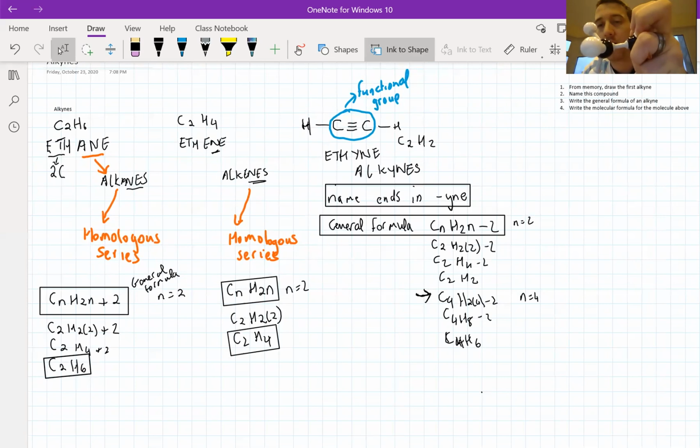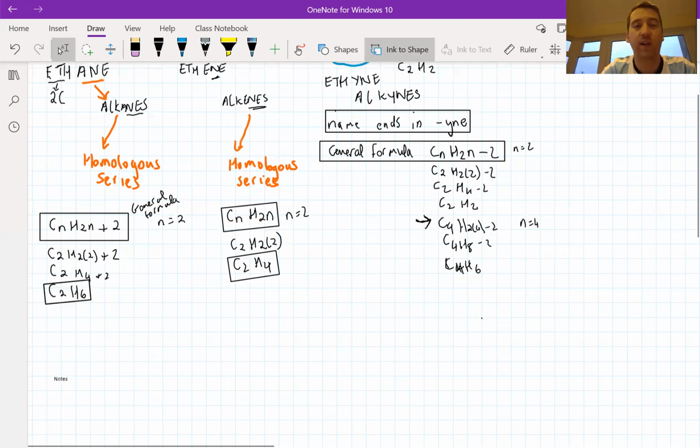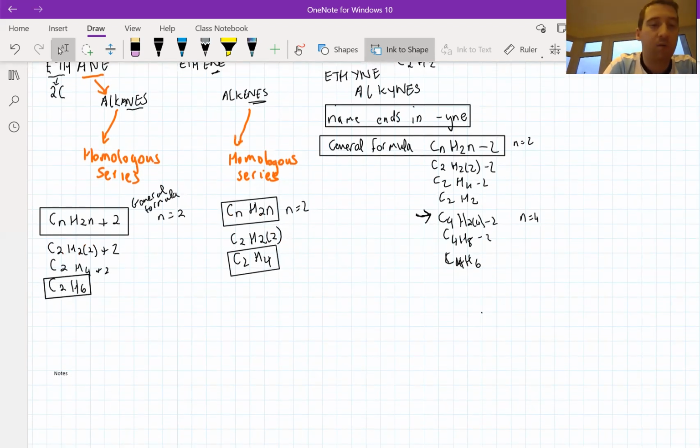When we've got a central atom, this carbon, surrounded by 4 atoms, this gives us a tetrahedral shape. It's a 3-dimensional shape. And we would draw it like this, a carbon with 4 single bonds around it.